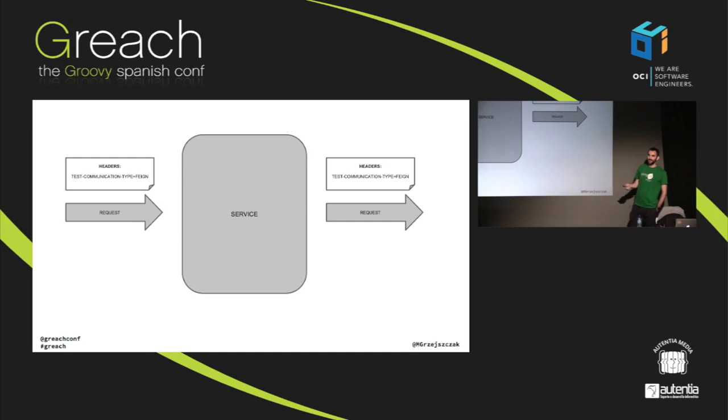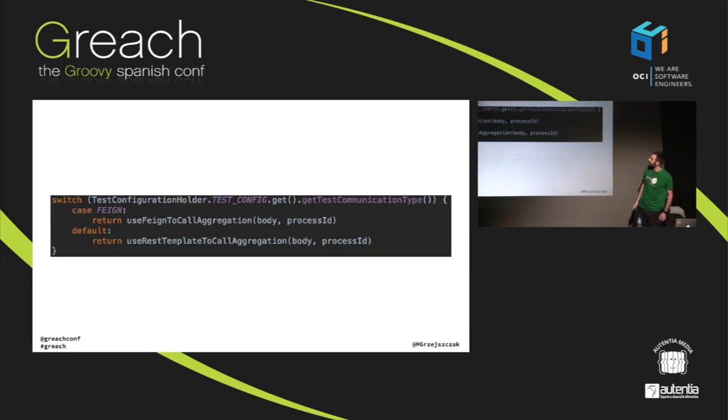In that way, I could parallelize the test and choose at runtime which means of communication I want to choose, right? So I have an awesome switch in the code where I check, this is a thread local, so disregard that, what kind of test communication type has been passed. If it's feign, use feign. If it's anything else, use REST template.